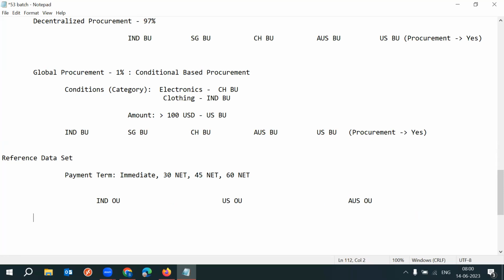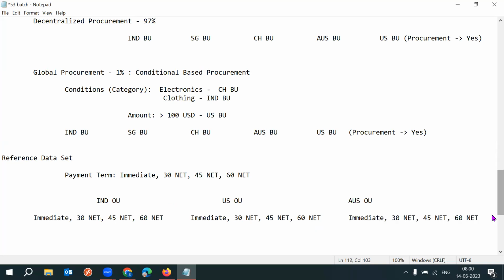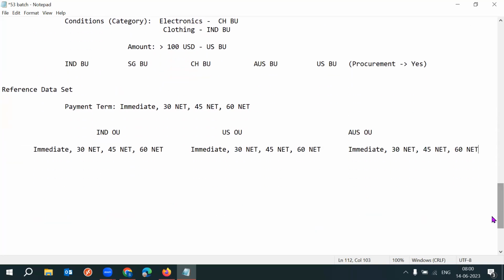You have to create here, you have to create here, you have to create here. I'm talking about one particular setup, that is payment term. The same payment term you are creating everywhere. This is the EBS case. In case of Oracle EBS, you are creating like this. Everybody agrees with me, right?